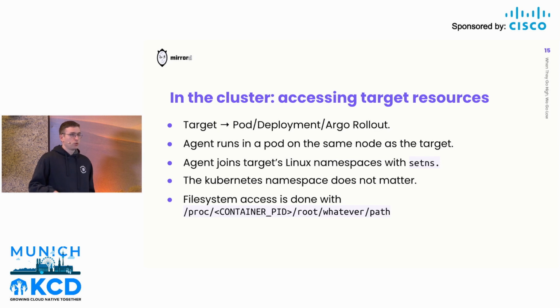And in order to access the file system, we basically just access it over the relative path to the container's root path. So to summarize, the agent runs in a container on a pod on the same node as the target. So at the end, it's just two processes on the same Linux machine. So that's at least the cool DIY way for us to do it.